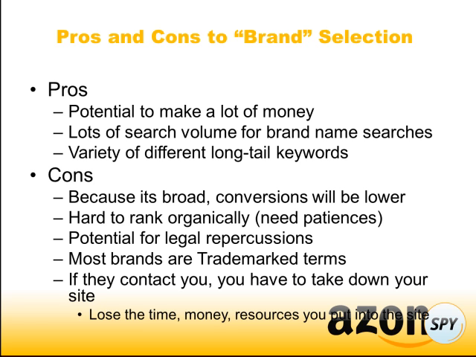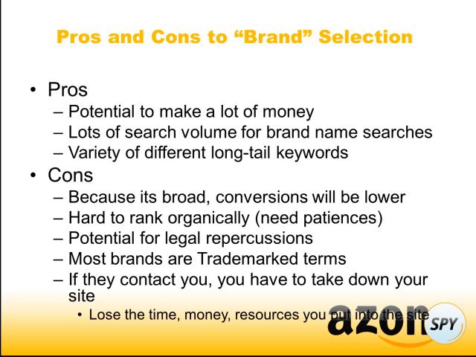Just because someone searches for a Canon camera, that's a very broad search. If someone's searching for a specific model number of a Canon, that might be a little bit better, but there still is the potential to make a lot of money because you're catering to a larger audience, a lot more search volume.